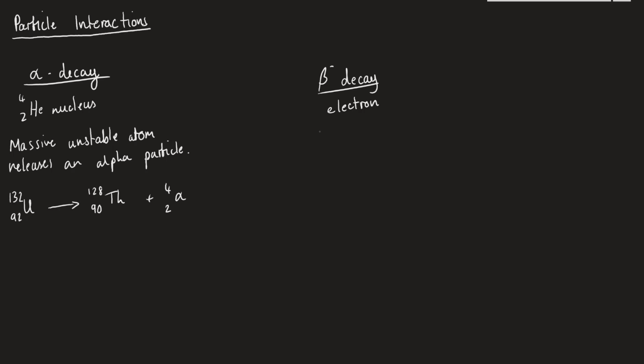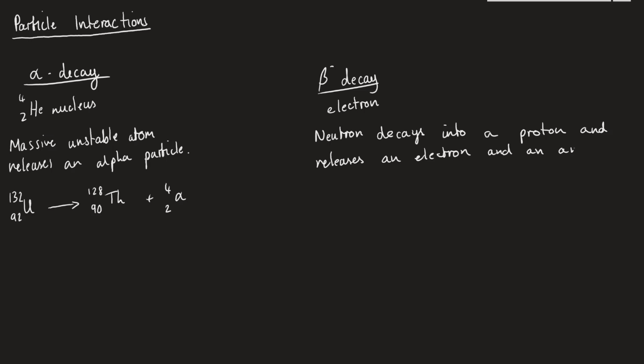Okay, because what's happening in beta decay is that a neutron decays into a proton and releases an electron and also an anti-electron neutrino.